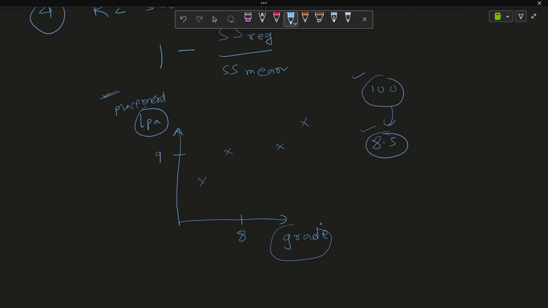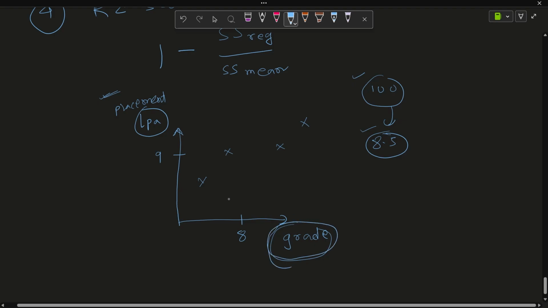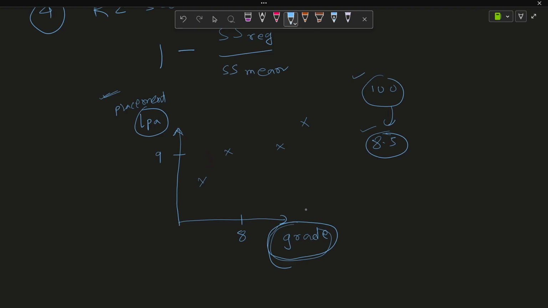But if you take grade into consideration, then you will be building a model, to see how much the package depends on grade. Instead, you can tell her in a proper way, based on how much grade she has, she is getting this much LPA.